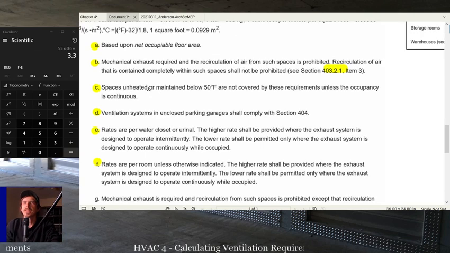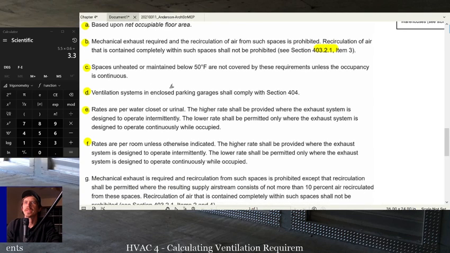Note C is spaces unheated or maintained below 50 degrees are not covered by these requirements unless occupancy is continuous. So if you see note C, that's where you're at. Note D is ventilation systems in enclosed parking garages shall comply with section 404. So if you're dealing with an enclosed parking garage, you'll want to calculate it based on section 404.